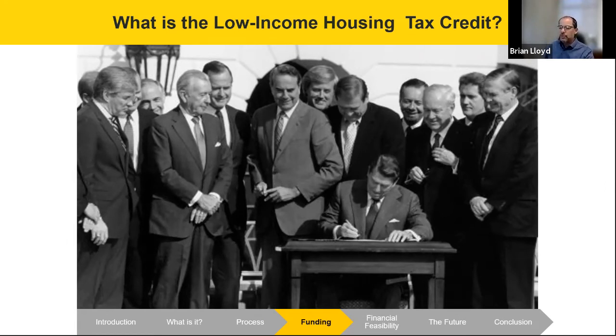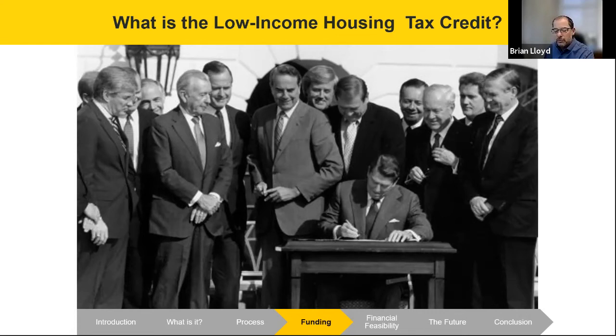The program was put in place in 1986, signed into law by the Gipper himself, Ronald Reagan. And oddly enough, it was sort of similar to the new markets tax credit and the opportunity zone tax credit, where a Republican president put in place a tax reform that really benefited mostly wealthy folks.